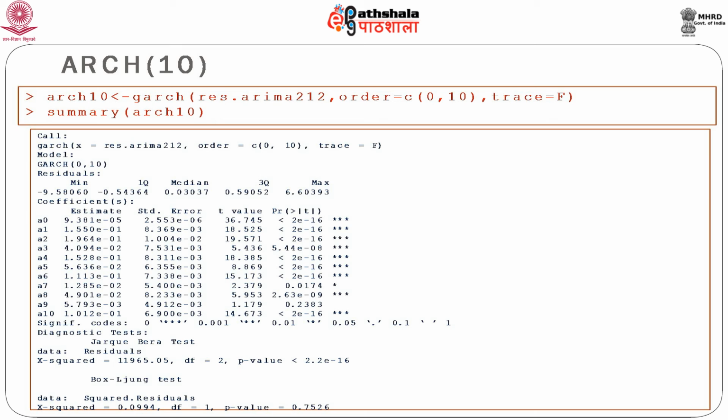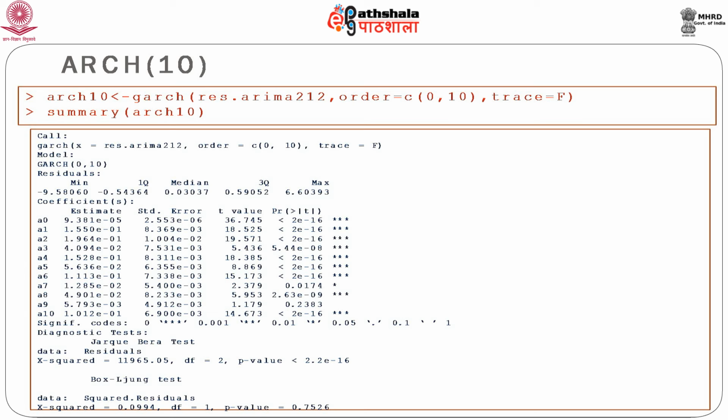Here the first component, for GARCH, is 0 and the ARCH component is 10, and trace equals FALSE means I don't want to see the intermediate steps that it normally shows. That will directly show you the summary instead of the step-by-step iterations.